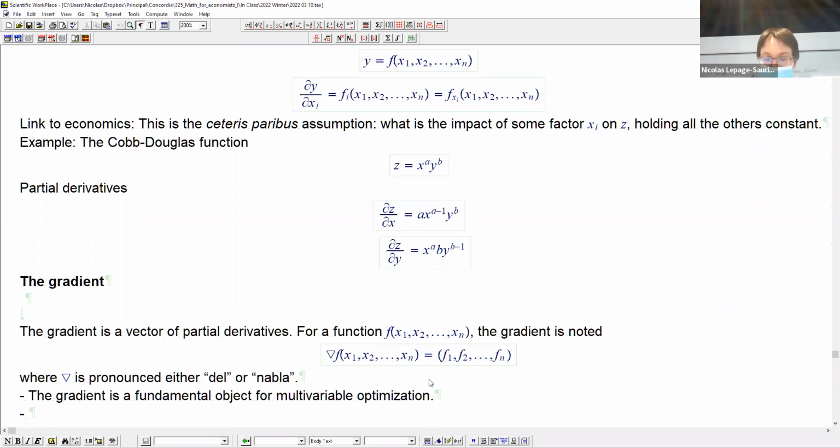The neat thing is it points in the direction of greatest ascent.